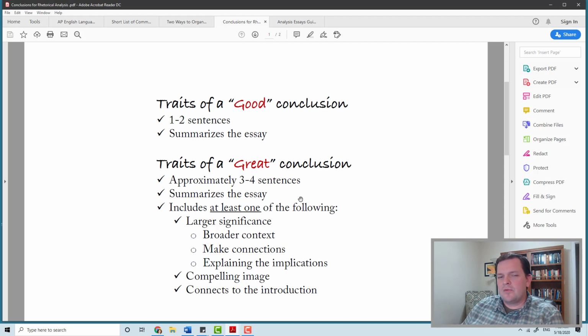So it may make a reference to the broader significance of the paper, and this could come through talking about the bigger context. It could come through making a connection to another major idea or major part of human experience. It could come by talking about the implications.